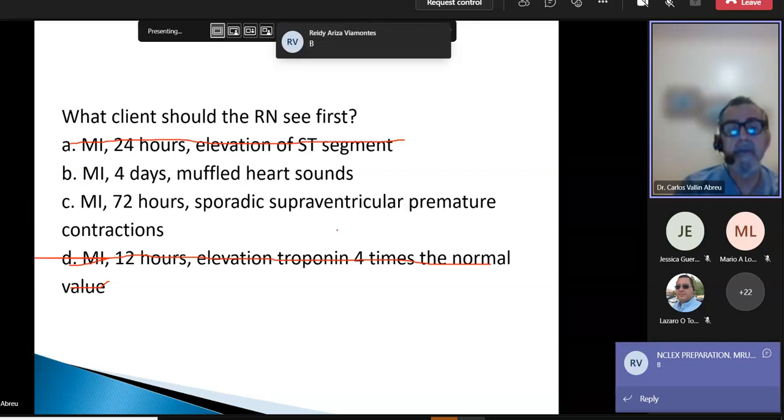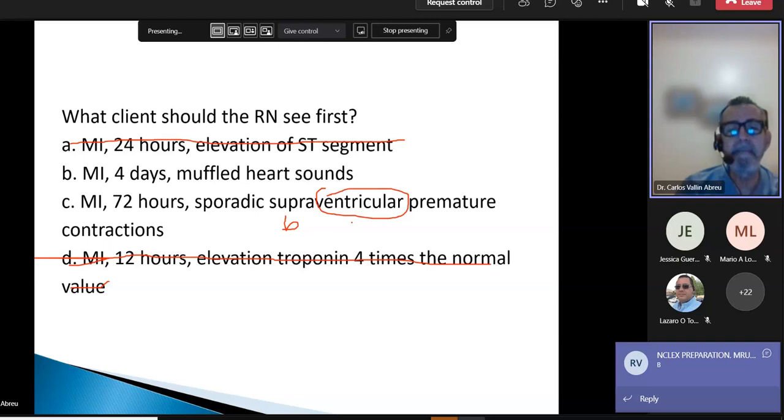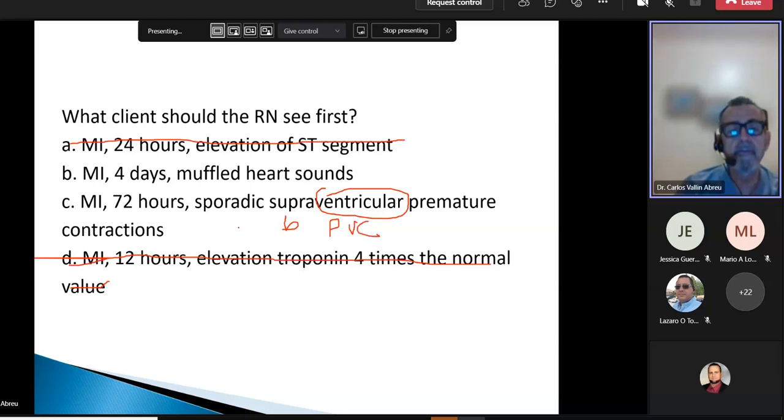Premature contraction. Okay, the bad ones are ventricular, not supraventricular. The really bad ones in myocardial infarction are the PVCs, premature ventricular contractions. If the contraction is supraventricular, it has less risk than the ventricular one. So having a sporadic supraventricular premature contraction has low risk.